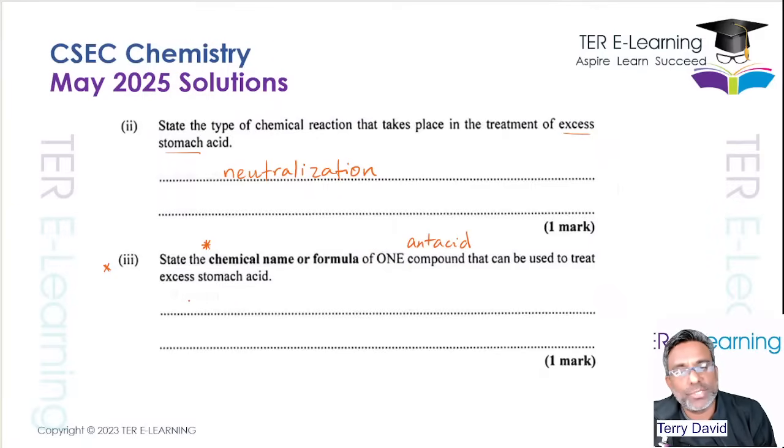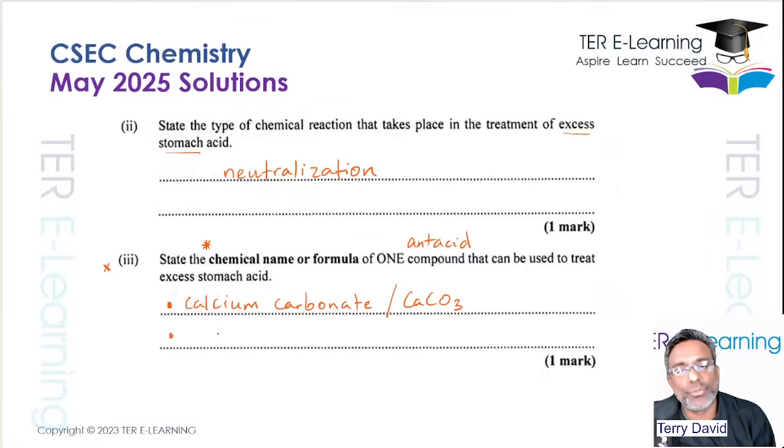So you can use calcium carbonate. That's one possible thing we can take in order to neutralize excess acid. You can put the name, or you could put CaCO3, that's calcium carbonate. That's the active ingredient in something like Tums.